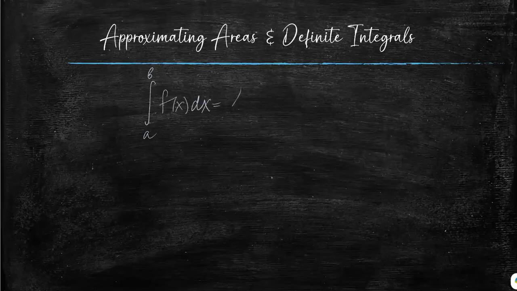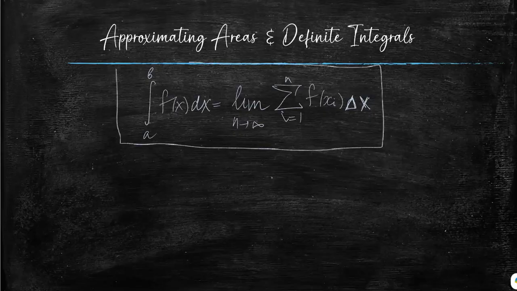Once you settle on the right endpoint approximation, you're just always picking that xi, so you don't have to put that star symbol there. This will give you the same exact answer. So this is a Riemann sum using right endpoint approximation as n goes to infinity.